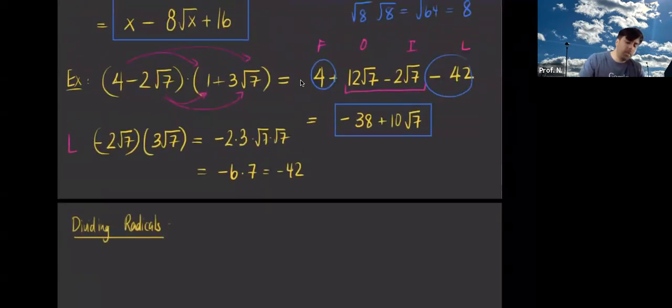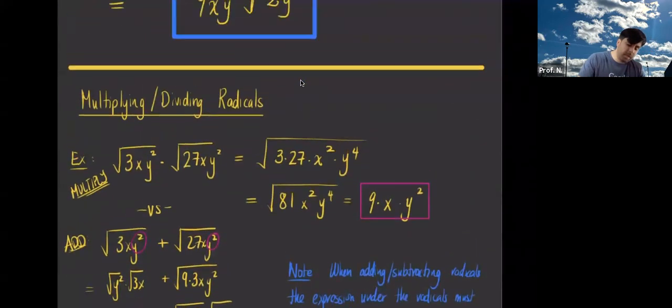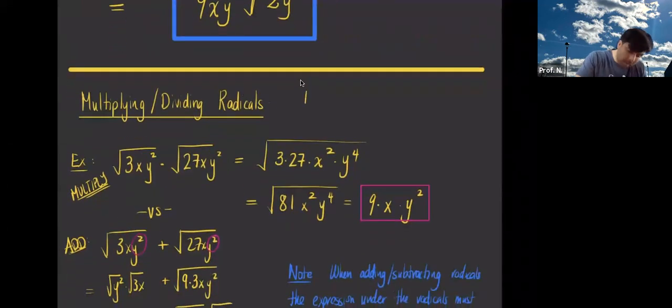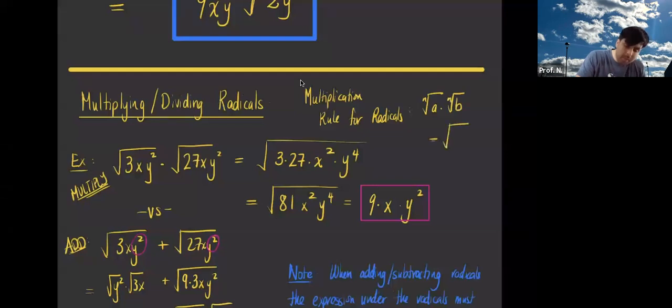So I think I mentioned the rule to you guys already before, but just to make sure, when you multiply, so I guess you can call it the multiplication rule for radicals. If you have an nth root of something, multiply by the nth root of some other thing, that equals the nth root of the product.